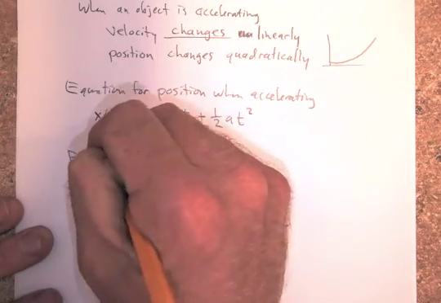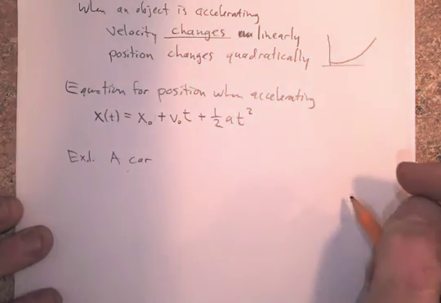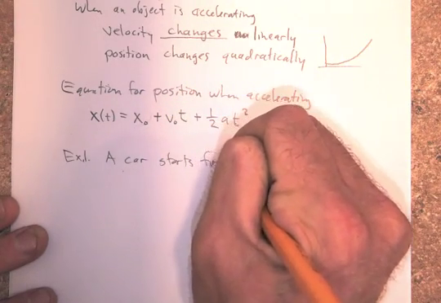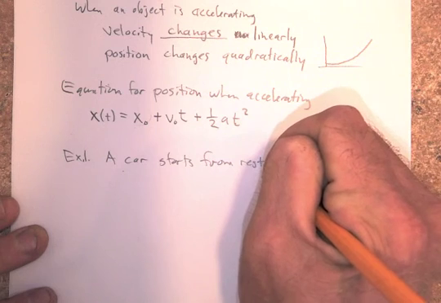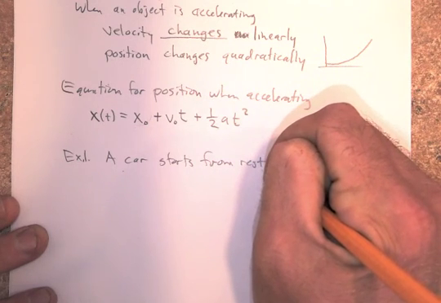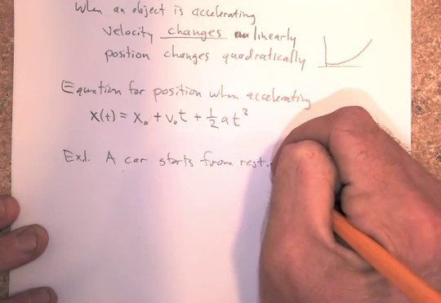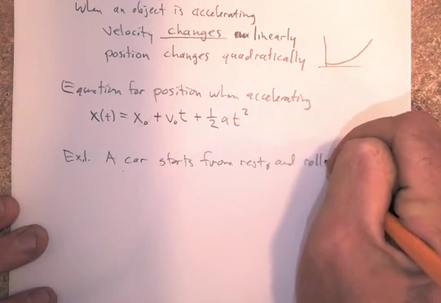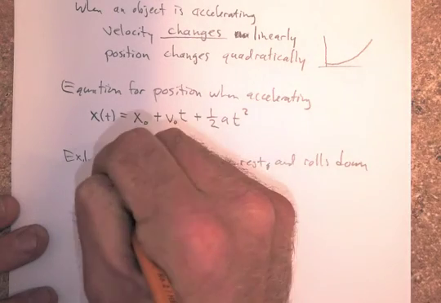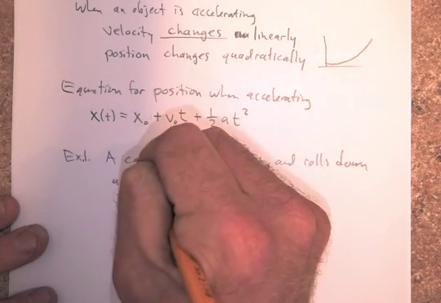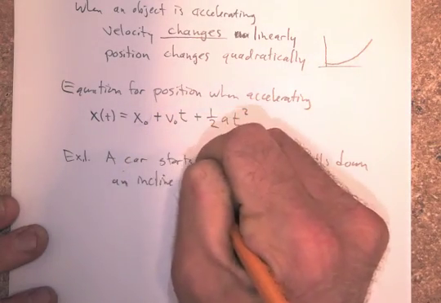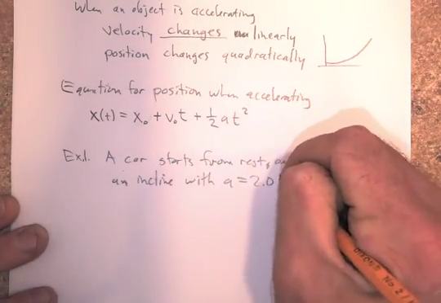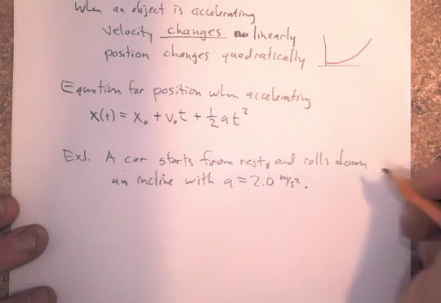Example 1. A car starts from rest and rolls down an incline with acceleration equaling 2.0 meters per second squared.